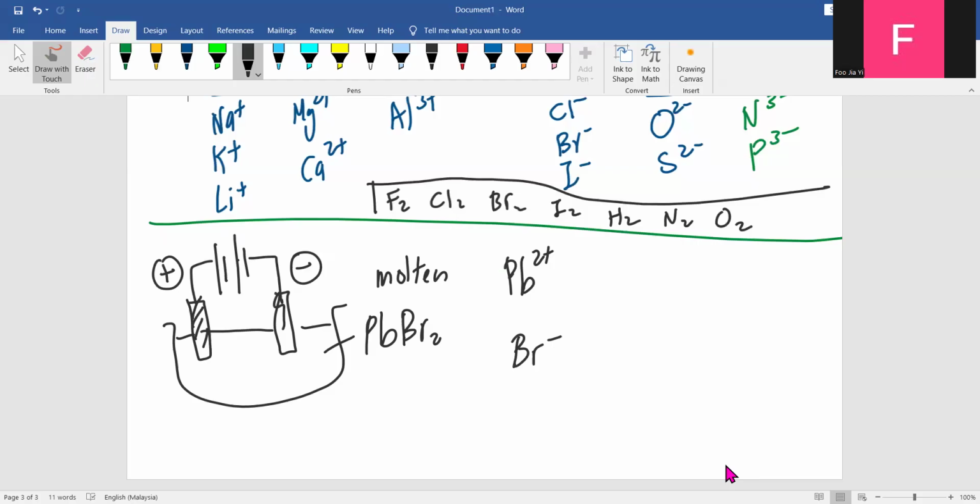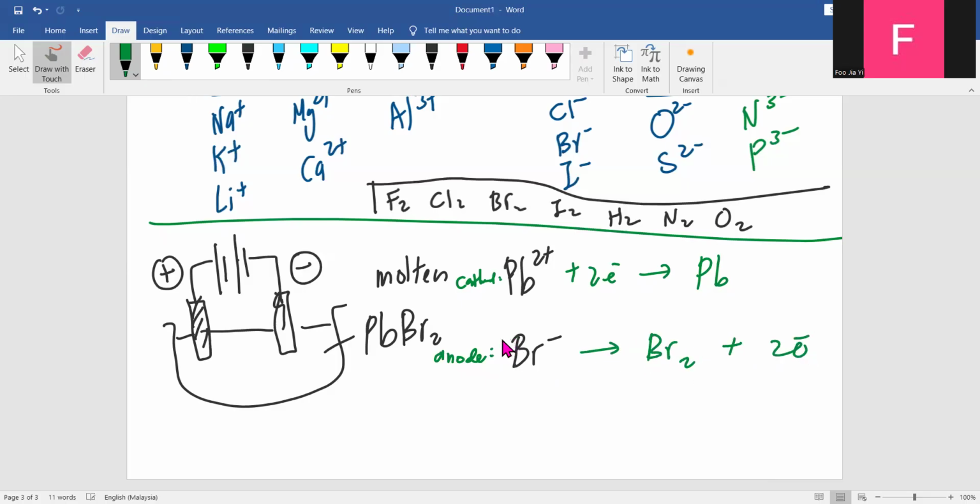Okay, ready? Finished? Yeah. So Pb is where? Pb is at the cathode. Pb2+ plus 2e becomes Pb, right? Anode: Br- becomes Br2 plus 2e, balance it with 2, right?